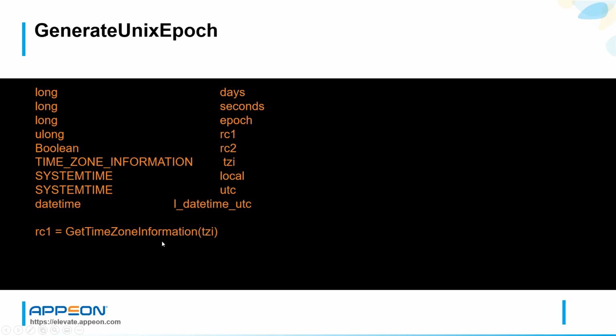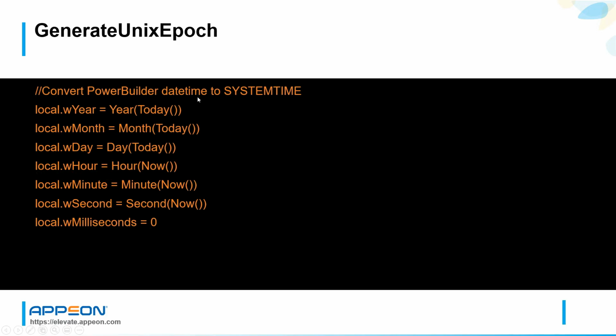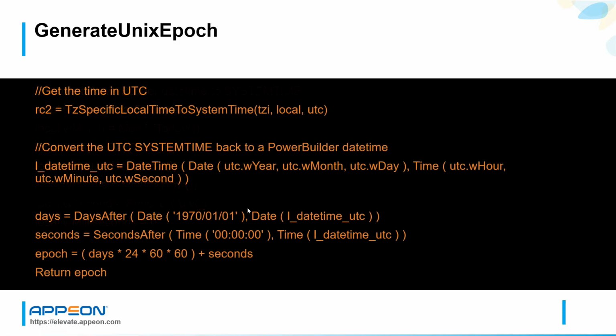So this is where I get the time zone information and convert it to a PowerBuilder system time. I use the specific local time to system time function to convert that local time to GMT.